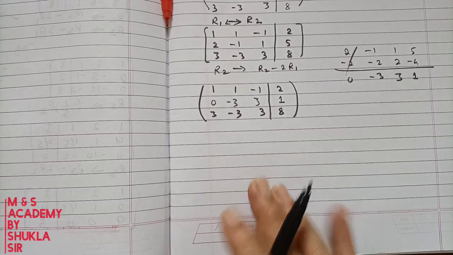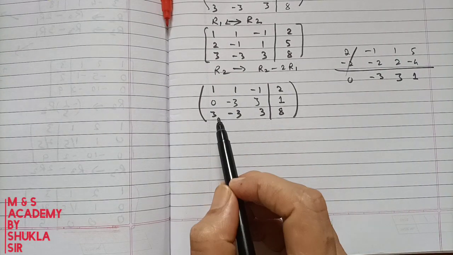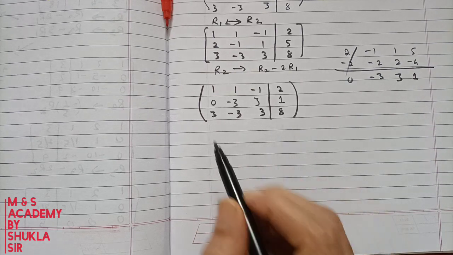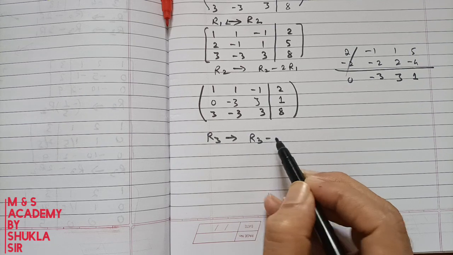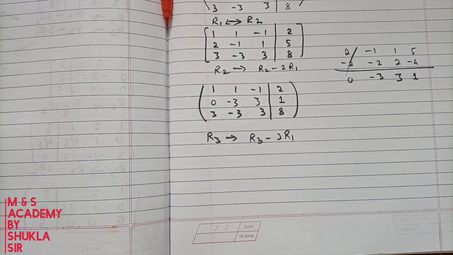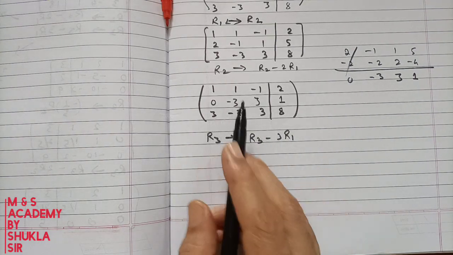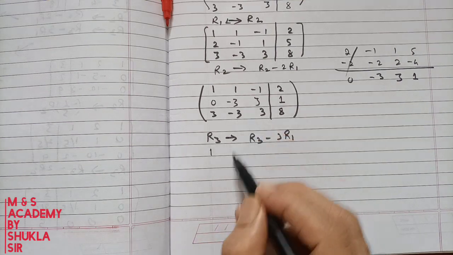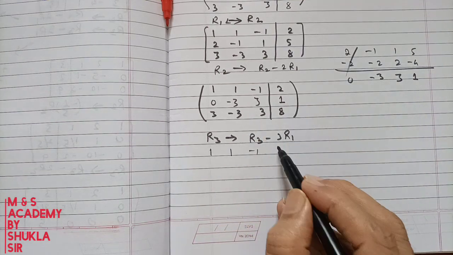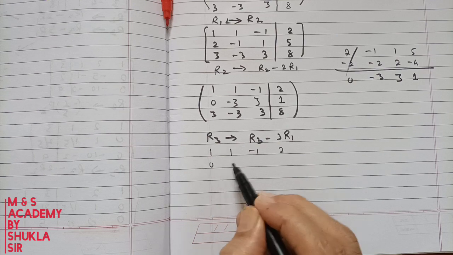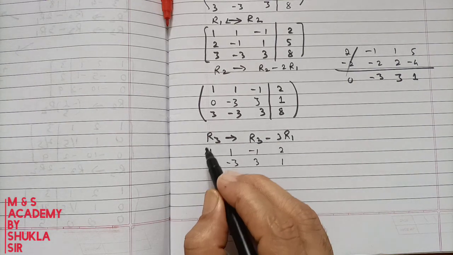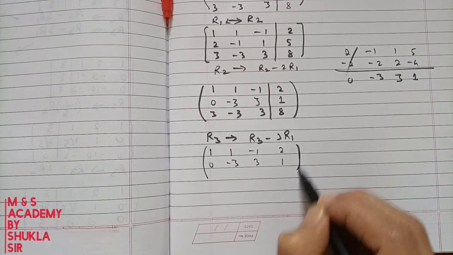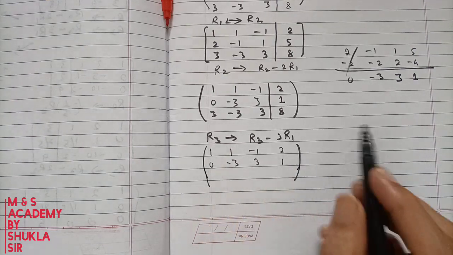Next, we'll use the first row to make the third row element 0. That is, we want to change R3 to R3 minus 3 times R1. So we'll write the elements which are not going to change: 1, 1, minus 1, 2, 0, minus 3, 3, 1, and then this one.